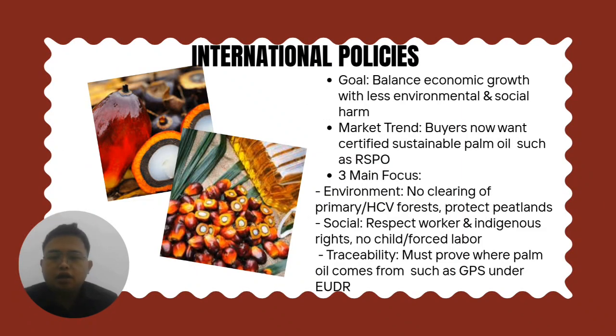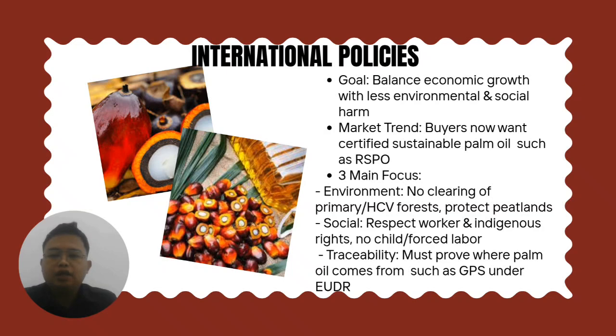This slide is about why international policy for oil palm exists. The main goal is to balance economic development with reducing the negative environmental and social effects of oil palm. Today, certified sustainable palm oil like RSPO is increasingly demanded by consumers and companies worldwide. Without it, market access is harder. This policy focuses on three areas.